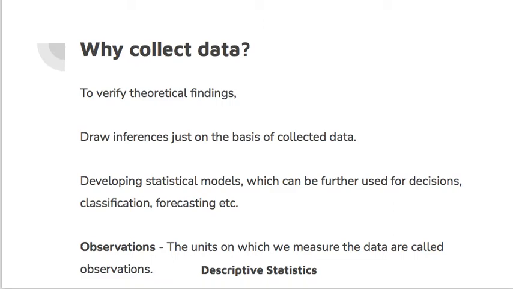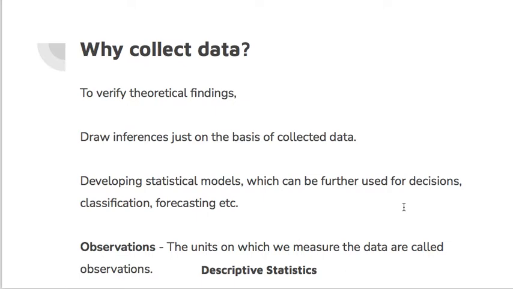For example, number of persons, number of motorcycles, your monthly income, monthly expenditure on gadgets. These are all the observations that we made. These are the basic units on which we measure the data.